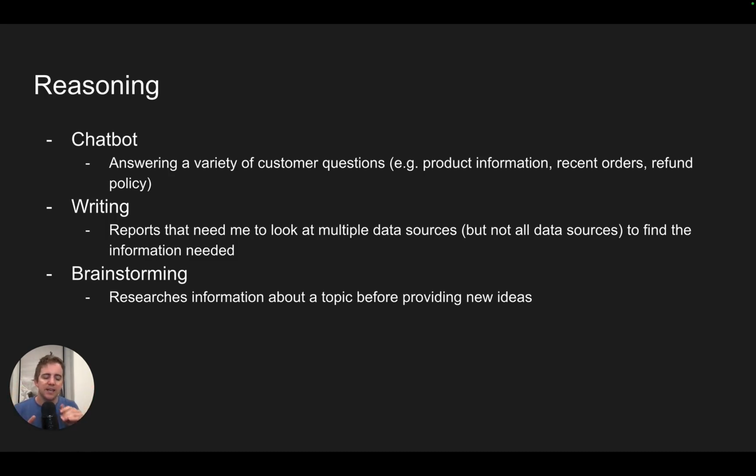If a person types in, "Hey, what's the status of my order?" then the chatbot needs to go and figure it out. It has to go, well, to do that, I need to have an order ID, and I need to know which customer this is. So let me go check this customer's order history first and see if I can identify which order we're talking about here.